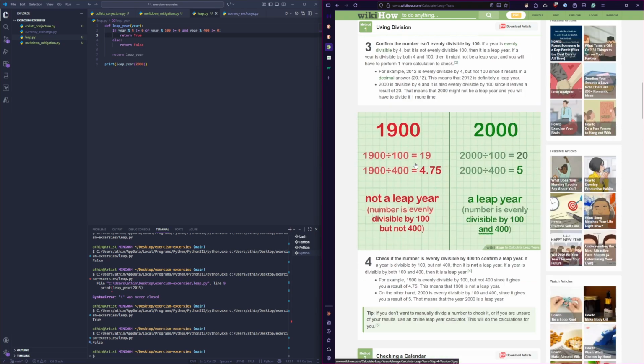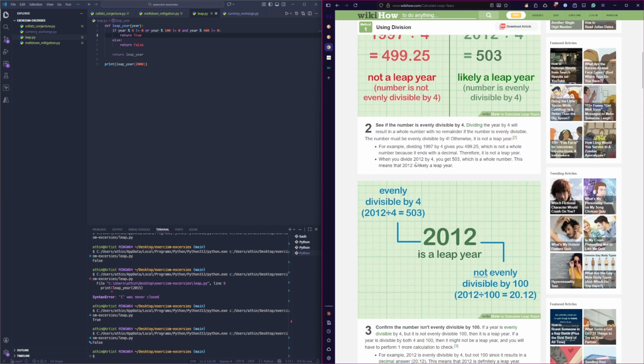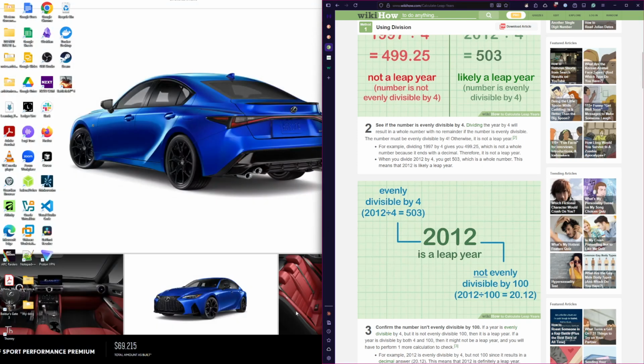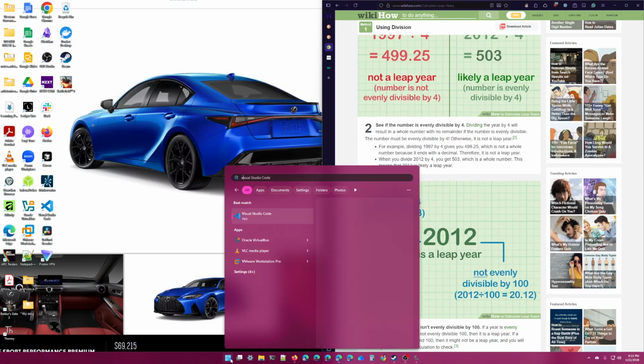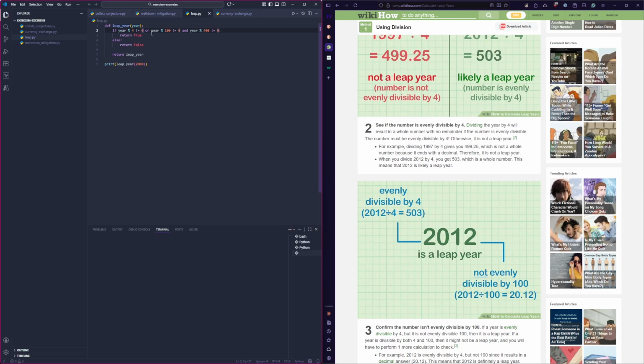What? Oh. See, the number is evenly divided by 4. Okay, I'm gonna have to restart this. Thank you.